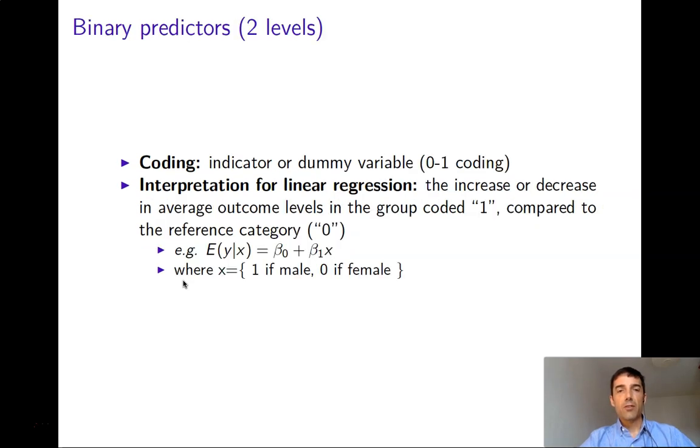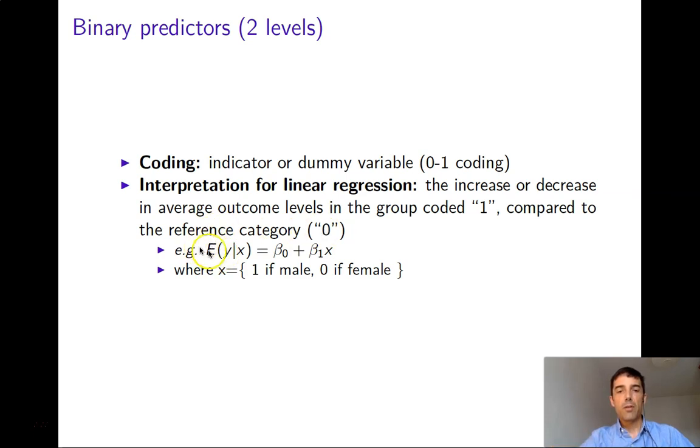For binary predictors, that is discrete or categorical variables with 2 levels, they are recoded internally or explicitly as a so-called indicator or dummy variable, that is 0 and 1 coding. And the interpretation for those is that the increase or decrease in the average outcome levels in the group coded 1 compared to the reference category, which is coded 0, is the value of beta.